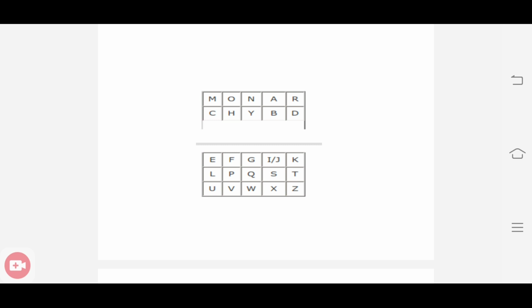This AR is replaced as RM. Why? Check the right of A and the right of R in a circular fashion. The right of A is R, so A is replaced by R. And the right of R is M, because we are checking in a circular fashion. So AR is replaced as RM if it is in the same row. Clear? That is the second rule.